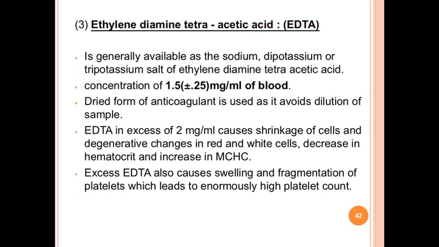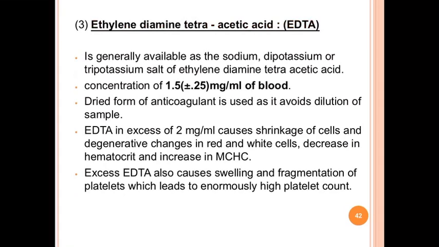Now the third, most commonly used, is ethylene diamine tetraacetic acid, EDTA. It is generally available as a sodium or dipotassium salt of ethylene diamine tetraacetic acid. The concentration of 1.5 mg per ml of blood is required.